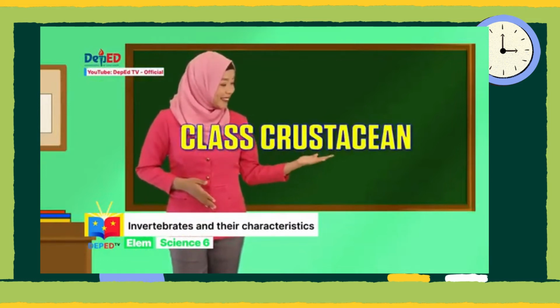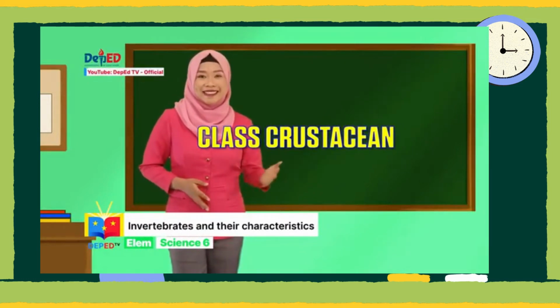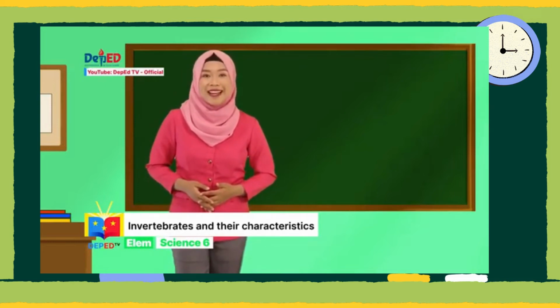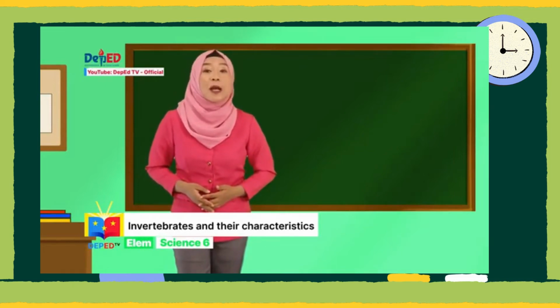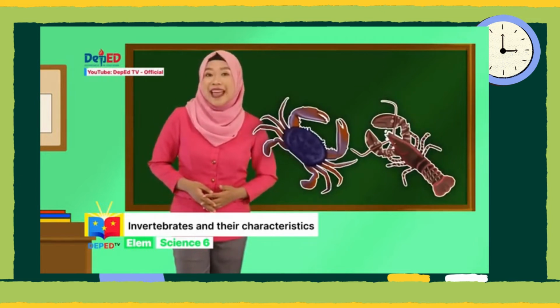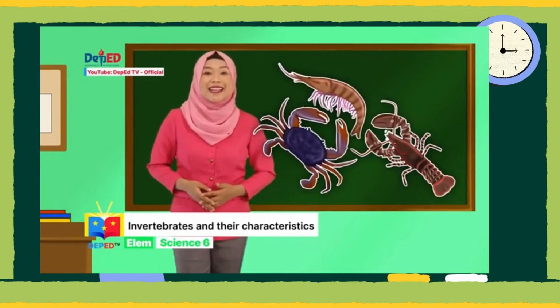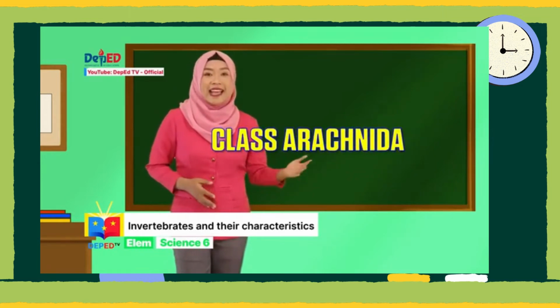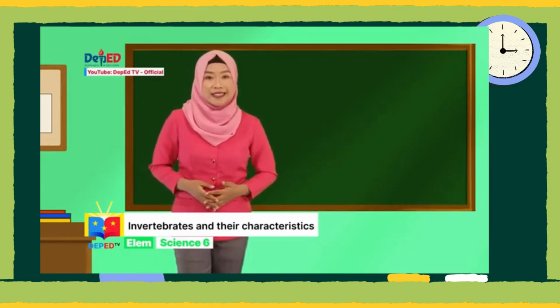First, class Crustacean. It has 5 or more pairs of legs. The examples are lobster, crabs, and shrimps. Second, class Arachnida. It has 4 pairs of legs.